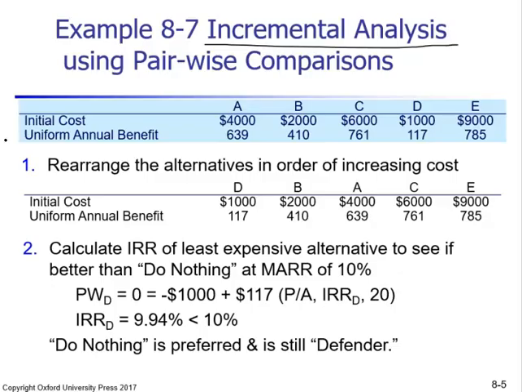Here, of course, we have other simpler ways to handle this case. We have 5 alternatives, A, B, C, D, E, with simple cash flows. They just have an initial cost and a uniform annual benefit. Which one is the best? It's very easy to quickly find which one is the best.